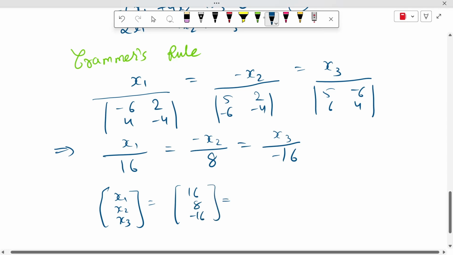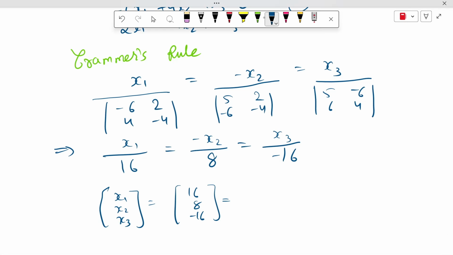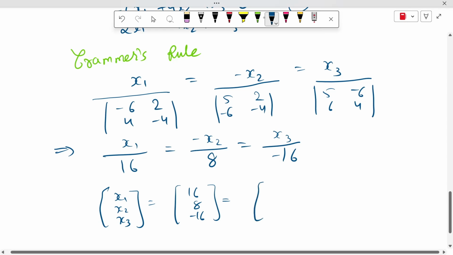Simplifying it further, taking 8 common, we get 2, 1, minus 2.